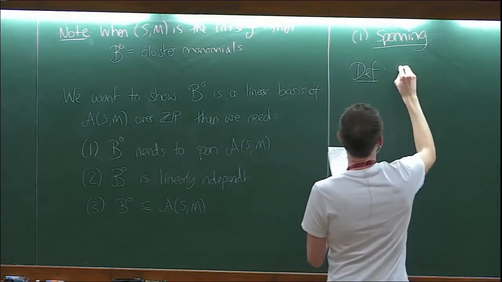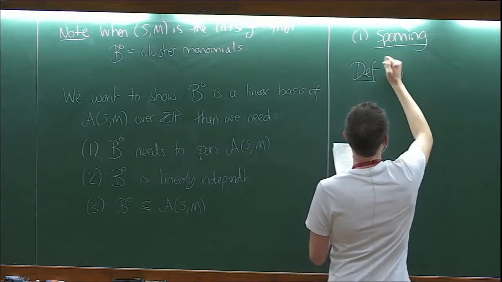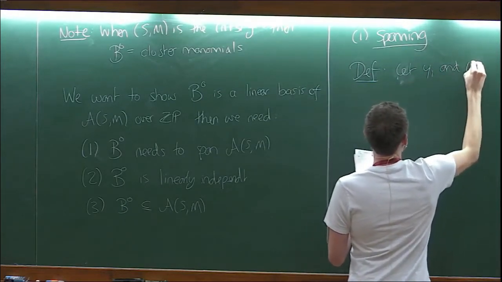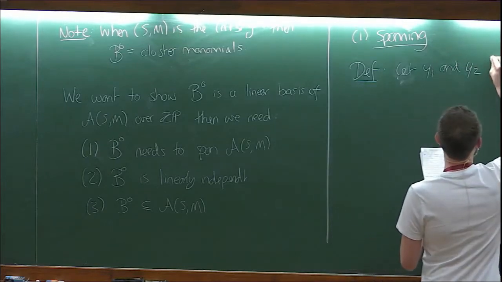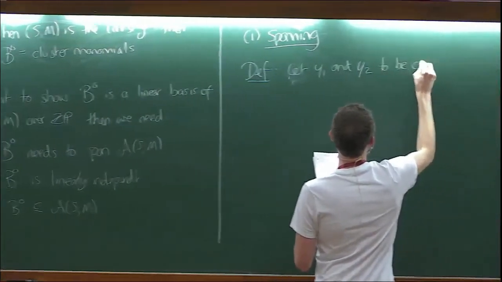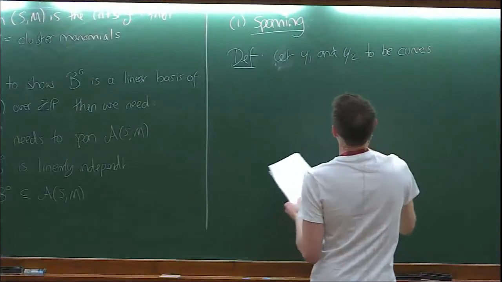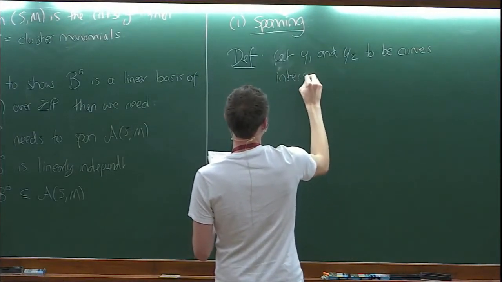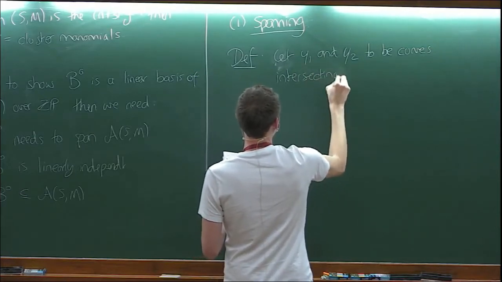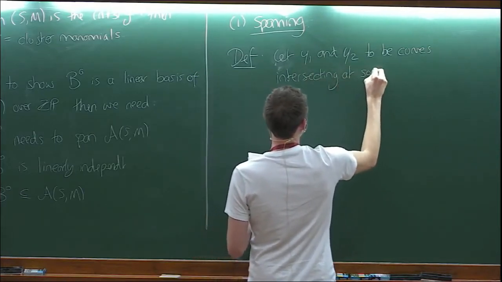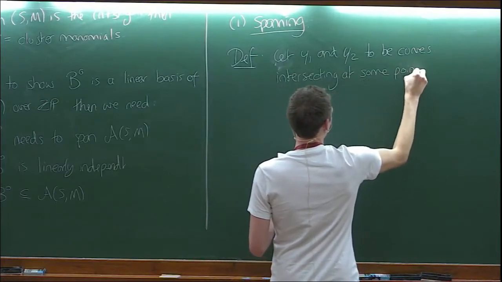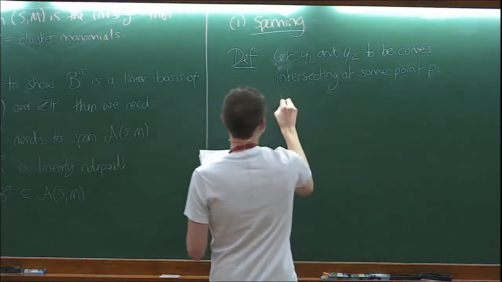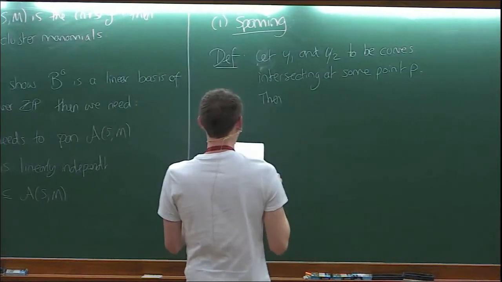So take gamma 1 and gamma 2 to be curves intersecting at some point, P. And then we define the smoothing at P by the following picture.